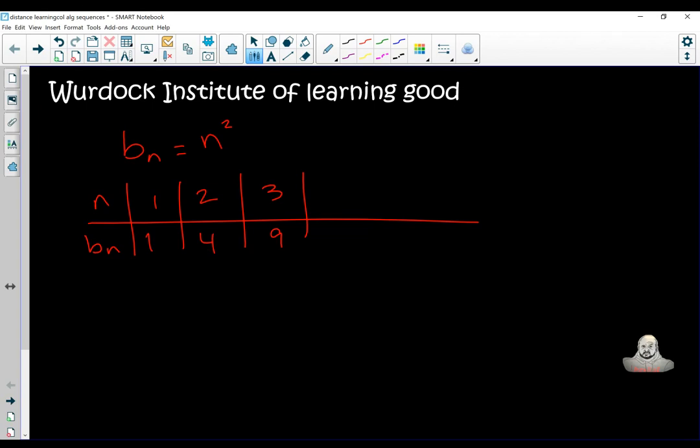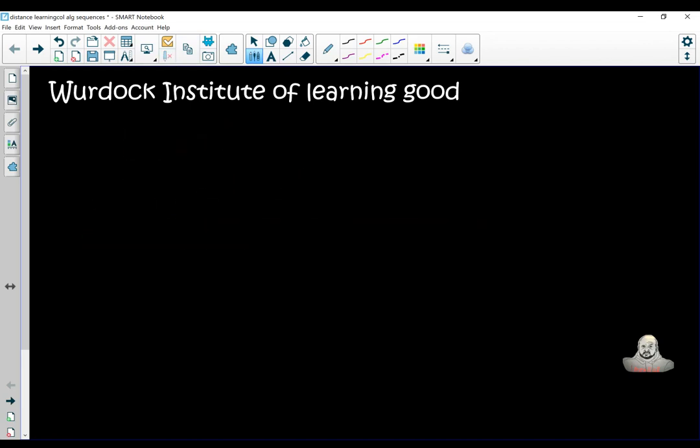You could have this crazy expression as well. I'll call this the C sequence. You take negative 1 to the power of n and multiply it by n. Let's say this is crazy, but we're going to give it a shot.